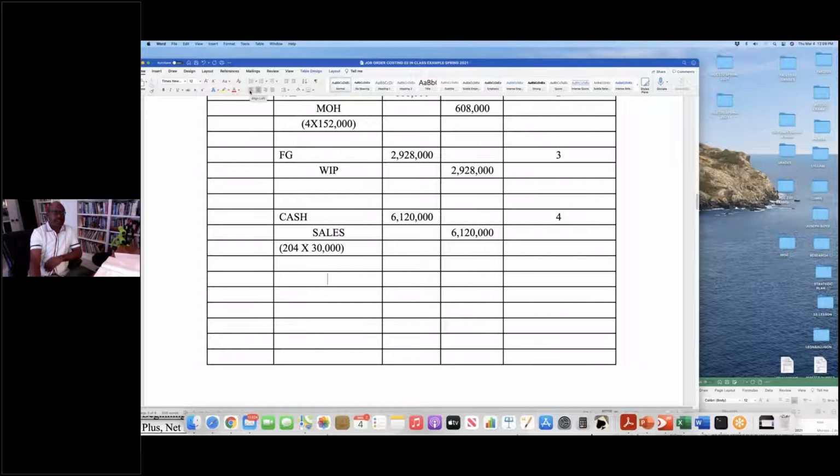Oh yeah, we debit cost of goods sold and then credit finished goods inventory. So we're going to debit COGS, credit finished goods. How much is that going to be? 2,196,000. Yes.